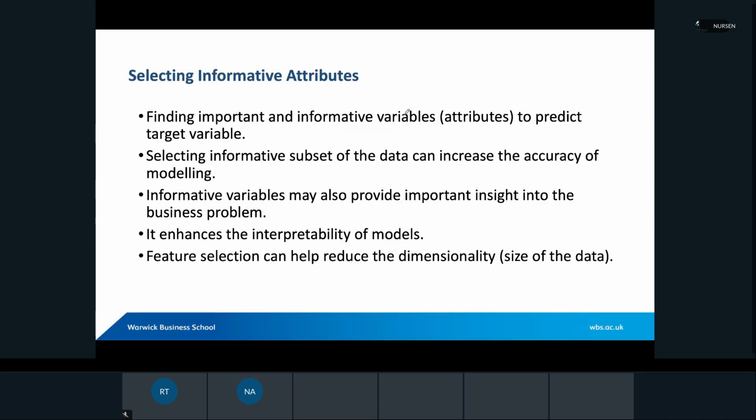Okay, so before we start describing the modeling stage, we need to decide which variables are more informative for the model. The model is going to learn from the data, and if we give an example from churn prediction again, in churn prediction we have this customer information.